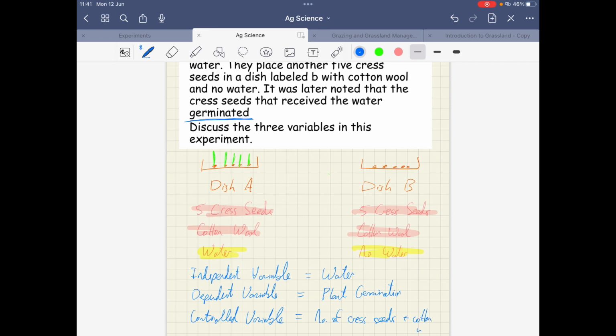Another good one to put in is environmental conditions. So you're not putting one in an oven and one in the freezer. Same sunlight, same humidity, same rainfall, same whatever. Okay, so in the same environment. So if you're ever stuck in the exam for a controlled variable, you can always put down environmental conditions. So hopefully that explains the difference between your independent variable, dependent variable, and controlled variable.